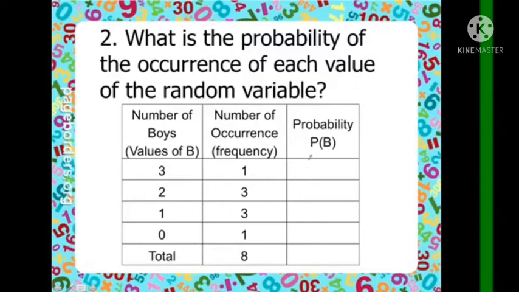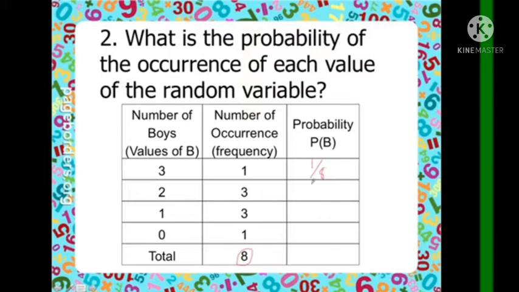Dito, 1. So, isa. Pero since we're talking about probability, it should be a fraction or a ratio or maybe a decimal point. Okay? So, over, maglalagay tayo ng over and then yung total. So, that's 8. So, the probability na makukuha ko is lahat tatlong boys is 1 over 8.